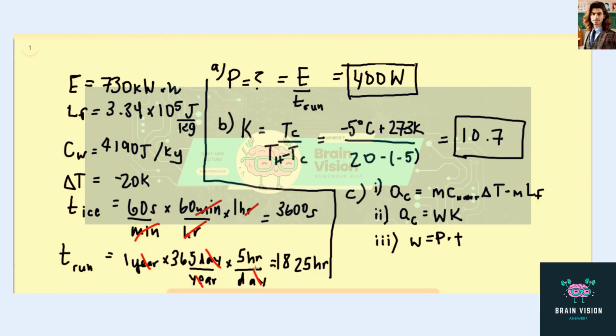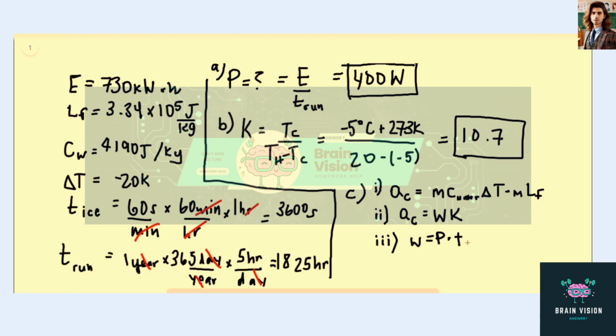Just a quick tangent to get the time running: it was assumed that it was run for 365 days per year and 5 hours per day. So that's how I got T run. And that was all, of course, for part A.